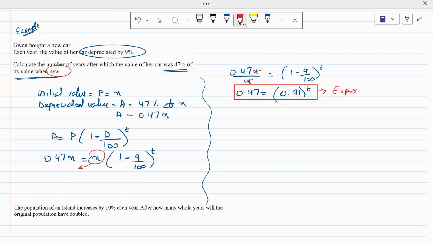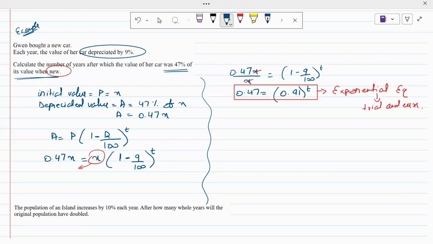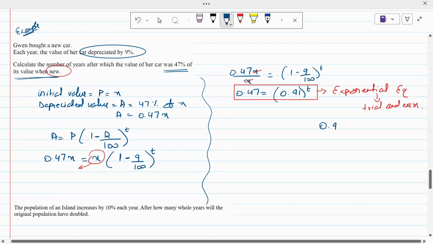Those who don't know logarithms have to go for trial and error. Keep on raising the power of 0.91 and tell me once it gets below 0.47.